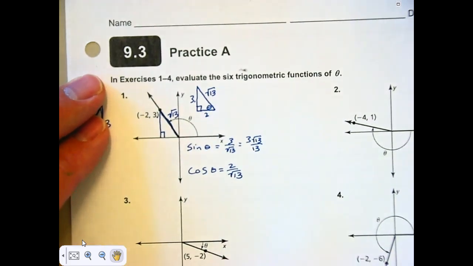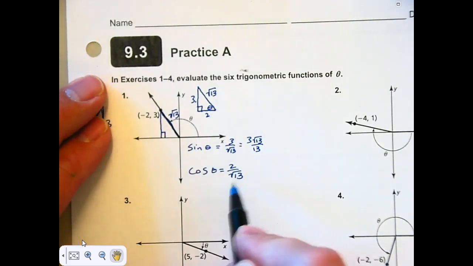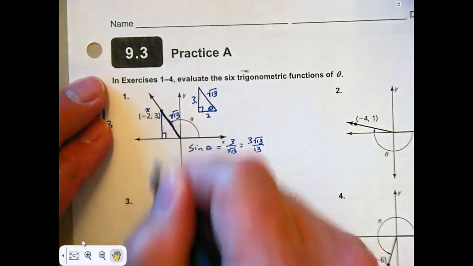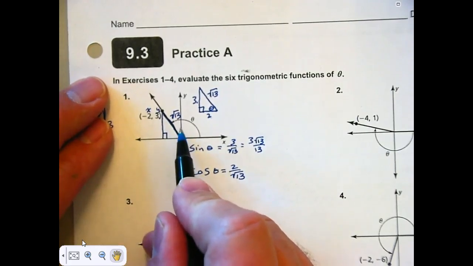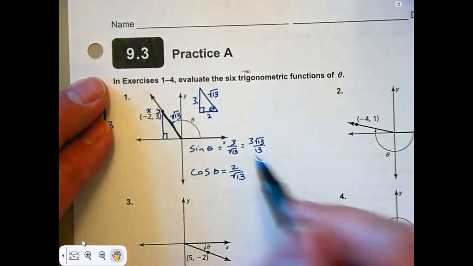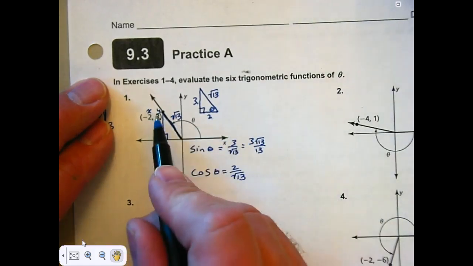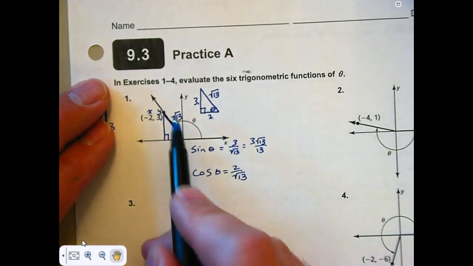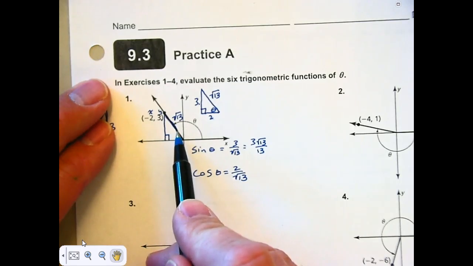Okay? Now the problem with that is 2 over root 13 is saying it's a positive x value. Remember, cosine is x, sine is y when in relation to your radius. Right? If your hypotenuse is not 1, like it is in the unit circle, the reason why we could just use x and y in the unit circle is because we're dividing by 1. When our radius isn't 1, we've got to divide by the radius.